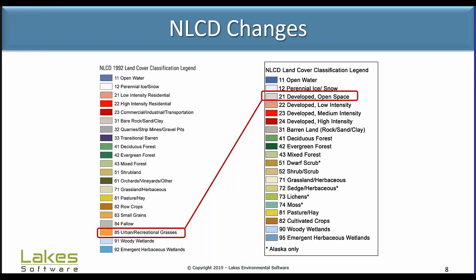And you may notice some other categorization changes as well, such as the consolidation of small grains and fallow and row crops into a single category of cultivated crops in the newer 01, 06, 11 set.